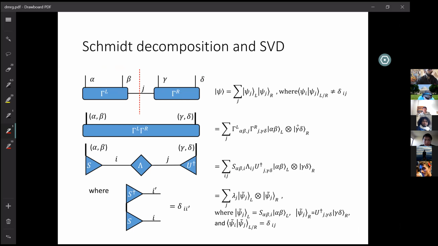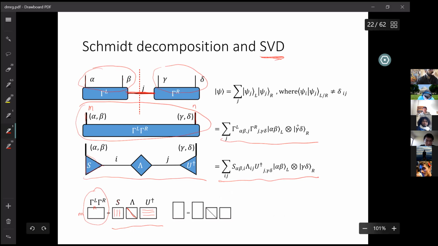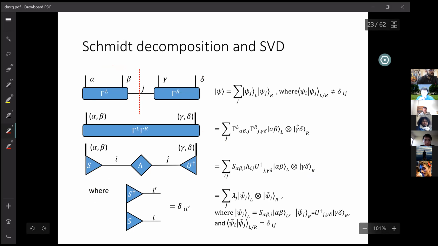Notice that previously I said this orthogonal condition between the column vectors of the S matrix can be converted to this form in the tensor network language, because this is basically a product between S dagger and S, and that should give you an identity, right? So it's delta ij, and delta ij in tensor network language is just a line connecting the two indices.